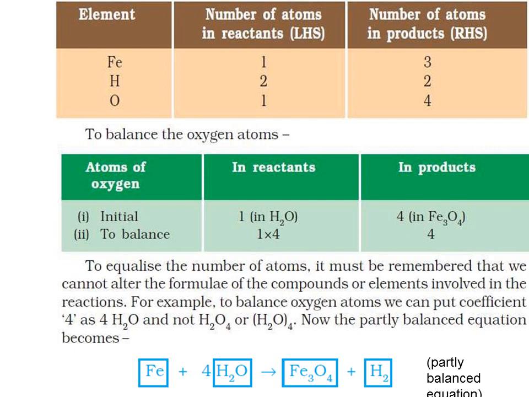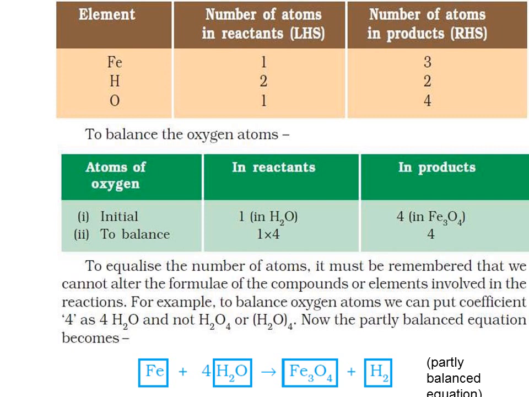As you can see, oxygen is 4 on the right hand side and on the left hand side it is 1. Then there are two ways, you make 4 to 1 or 1 to 4. Thinking of 1 to 4 is easy, so simply multiply by 4 on the left hand side, it will become 4. To equalize the number of atoms, it must be remembered that we cannot alter the formula, as we are not going to alter the formula inside the box.